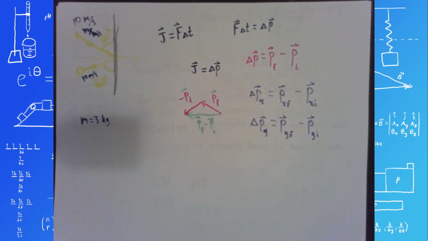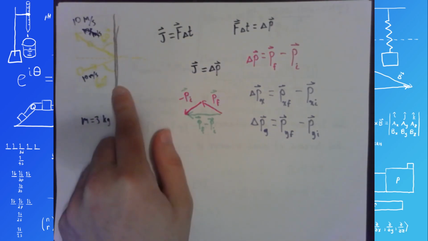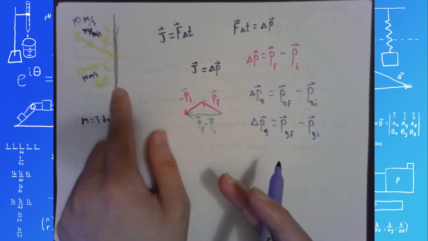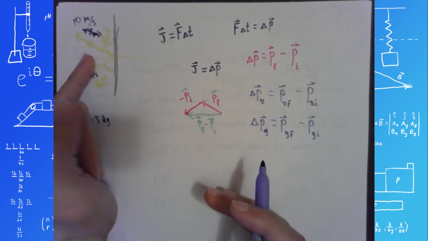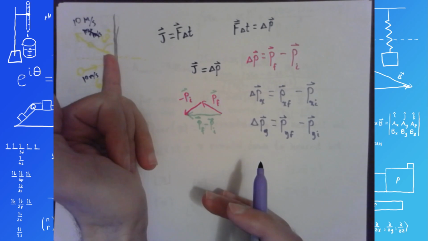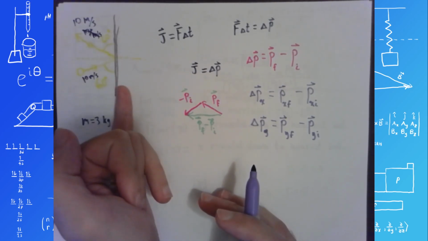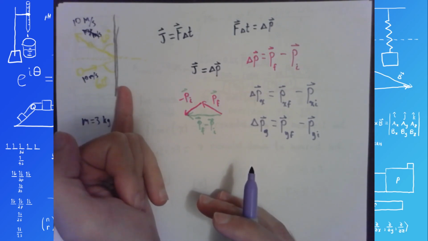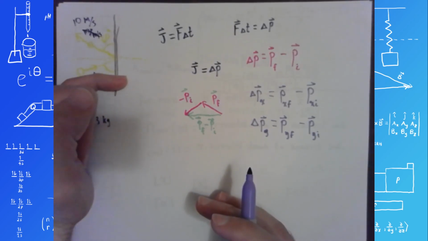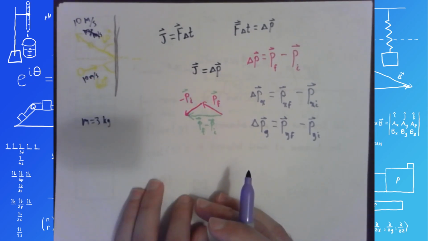Okay, what are the x and y components of each of these momentum vectors? Well, we know that this angle is 60 degrees, so the cosine component will be the vertical component because that's the adjacent side to the 60 degrees, and the sine component will be the horizontal.